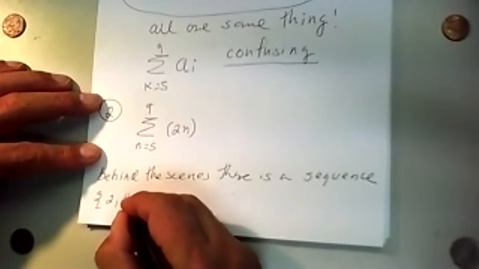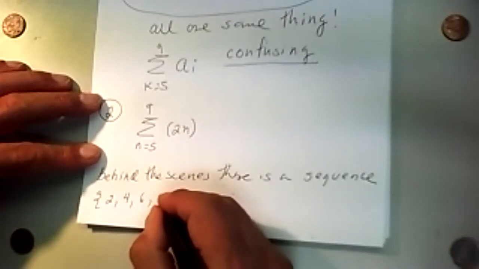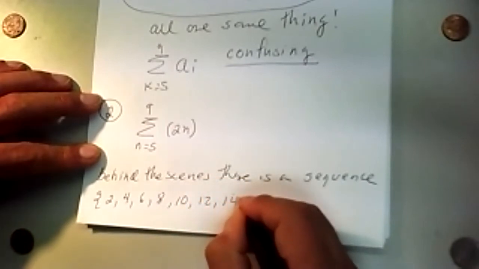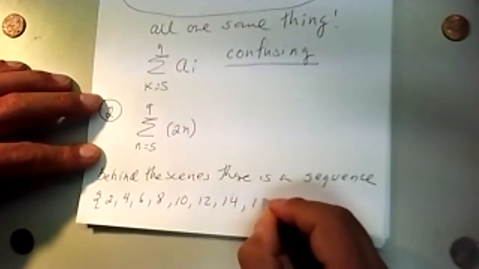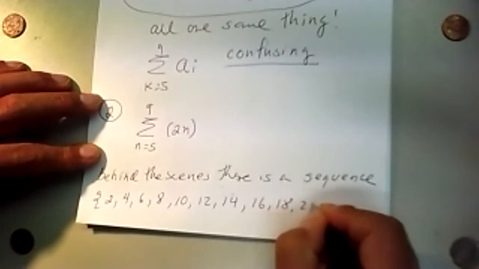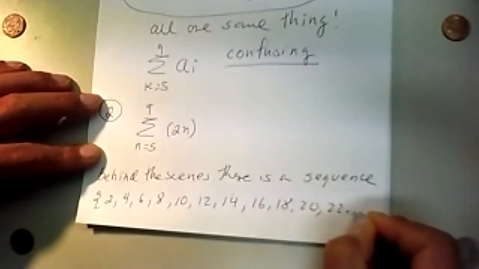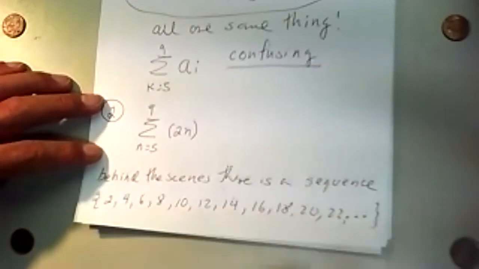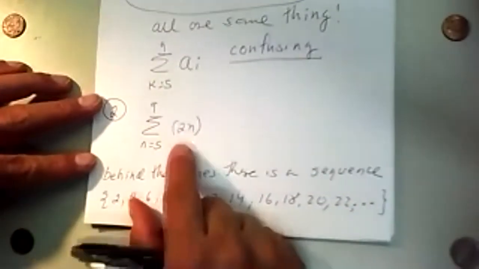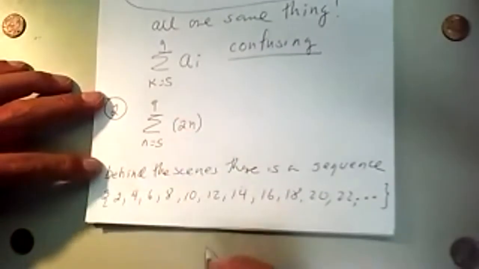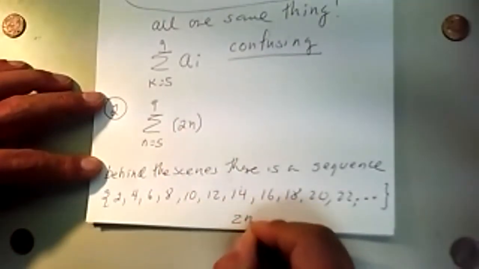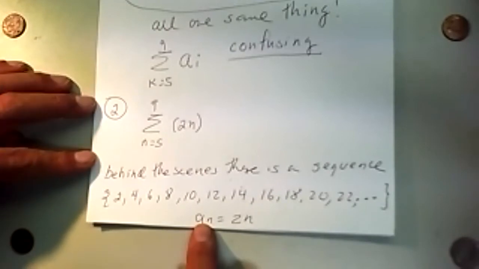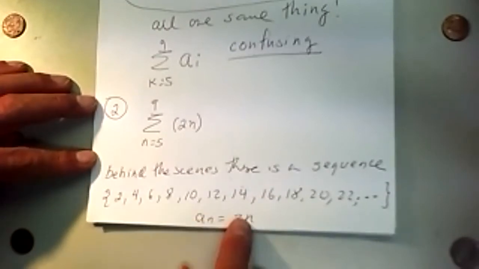When n equals 2, 4. 6, 8, 10, 12, 14, 16, 18, 20, and so forth, 22, etc. Okay, so that is the sequence. It goes forever. Now, how do I know that is the sequence? Because we think of 2n as a sub n. It is just the formula for the elements of the sequence.